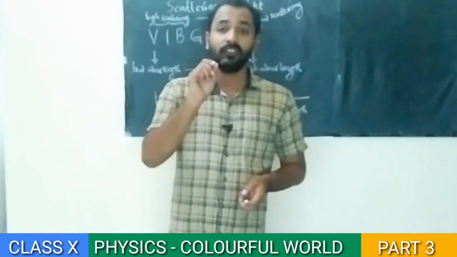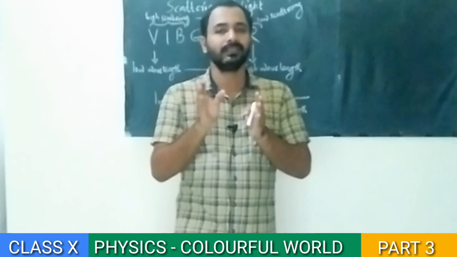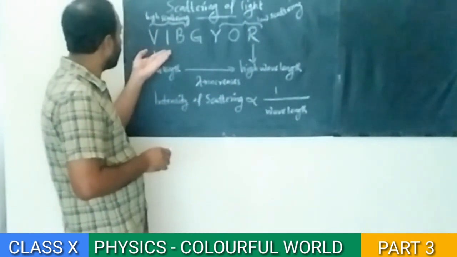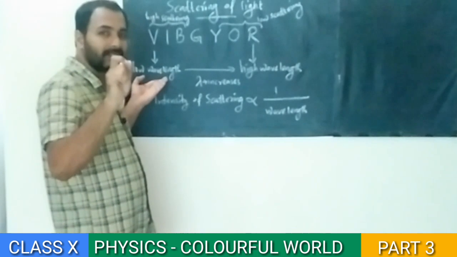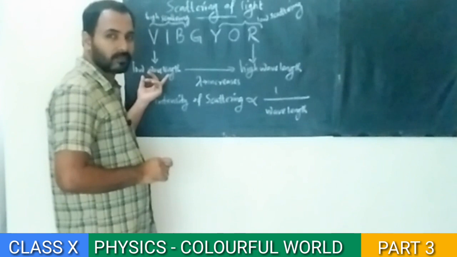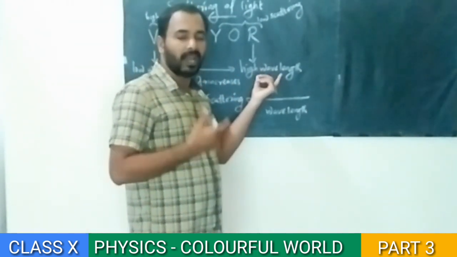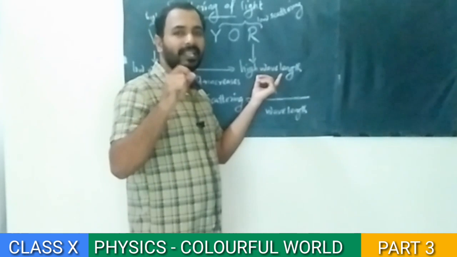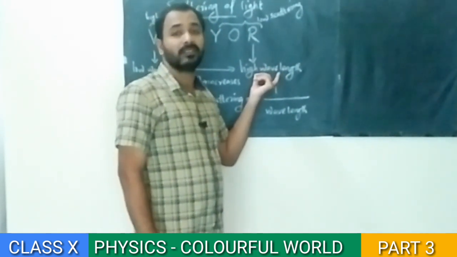Very fine particles scatter low wavelength colors. Very large particles in the atmosphere scatter high wavelength colors.